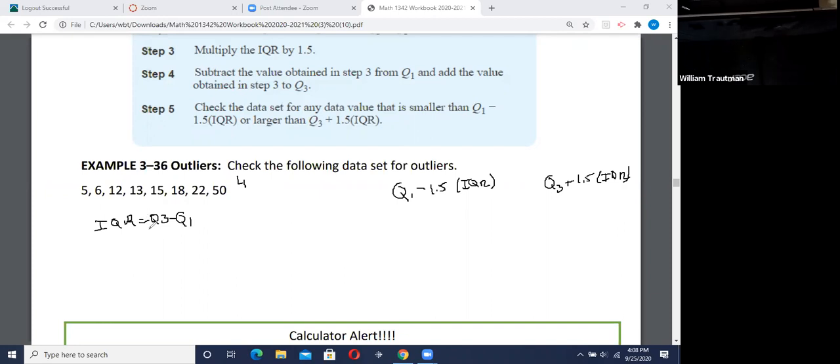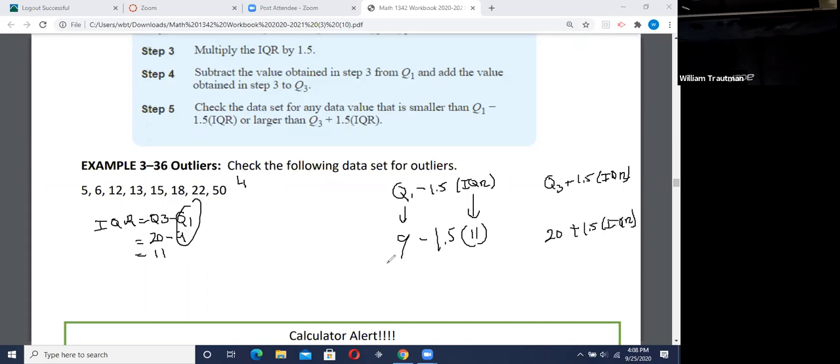Q3 was 20. Q1 was 9. So the IQR is 11. 20 minus 9 is 11. So 11 goes into this spot. Multiply it by 1.5. Q1 was 9, and Q3 was 20 plus 1.5 times the IQR.